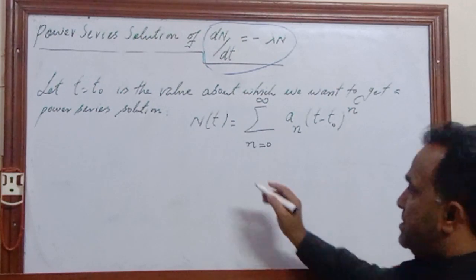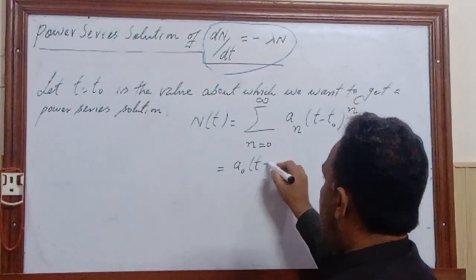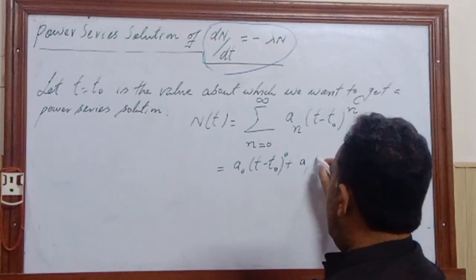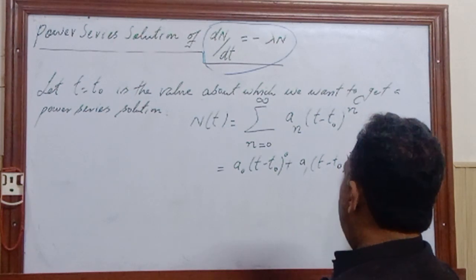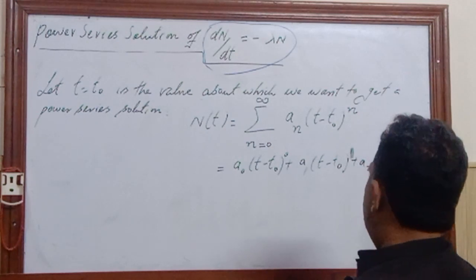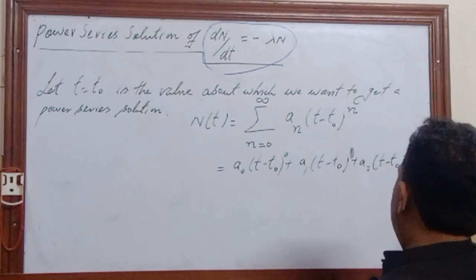If we expand this summation, we get a naught t minus t naught to the power 0, plus a1 t minus t naught to the power 1, plus a2 t minus t naught to the power 2, plus so on.